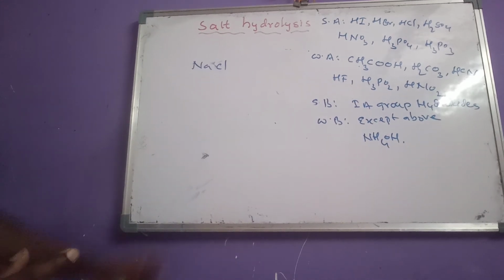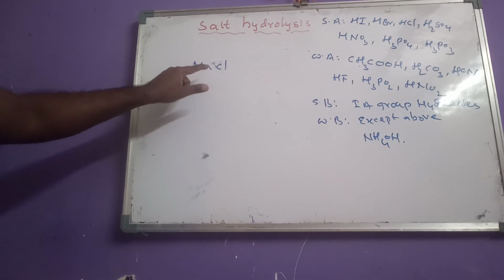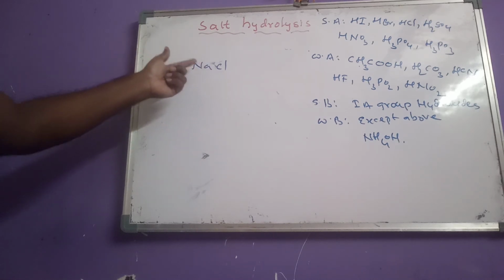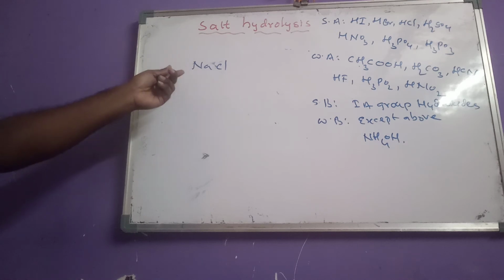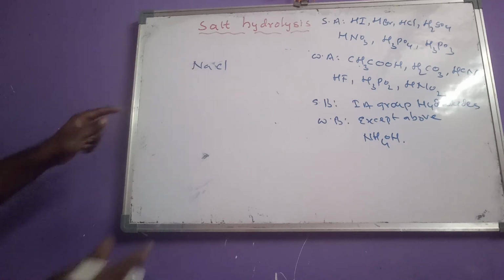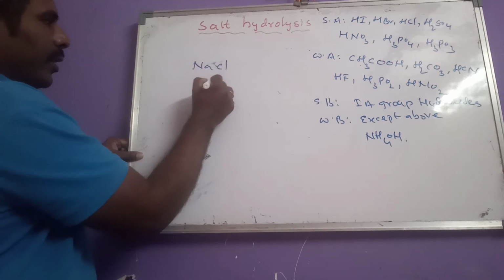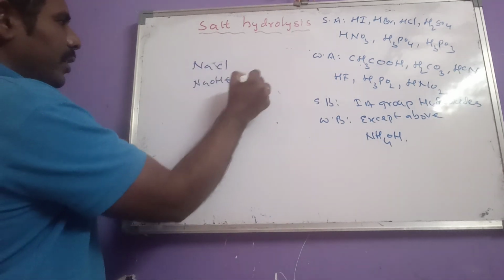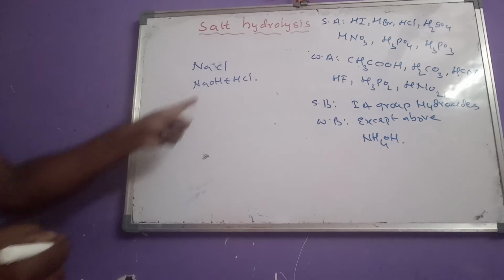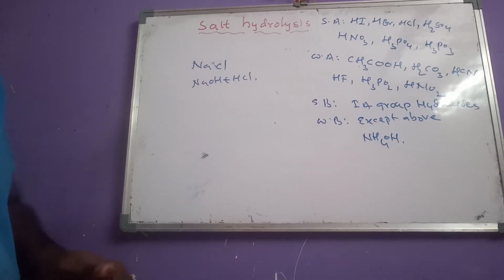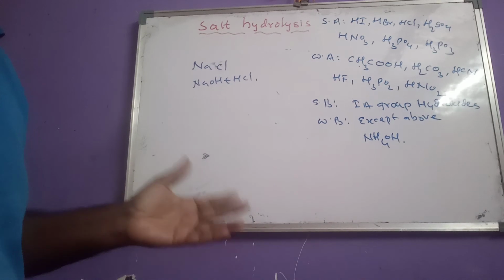First we have to observe the forefathers of NaCl, that means from which base and which acid these are produced. So the background powers are NaOH and HCl. So that means both are strong. NaOH is strong, HCl is strong.